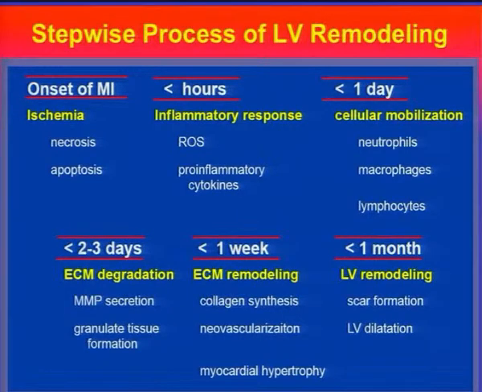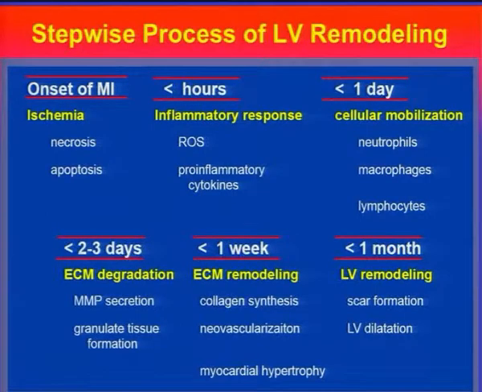And within a couple of days, extracellular ECM, that means collagen, degradation occurs by metalloproteinase secretion or granulation tissue formation. And within 1 week, this ECM remodeling occurs by collagen synthesis and neovascularization.